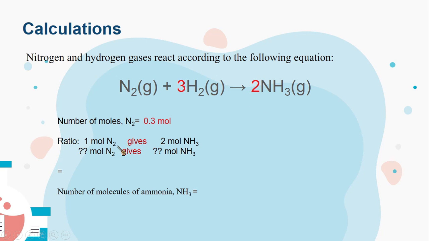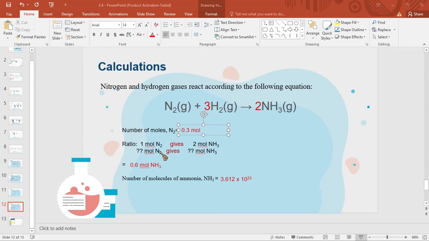Kena dapat mol. Lepas tu kita darab silang, bagi dapat dah 0.6.